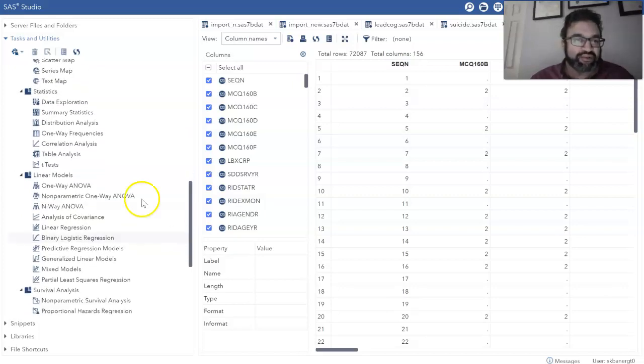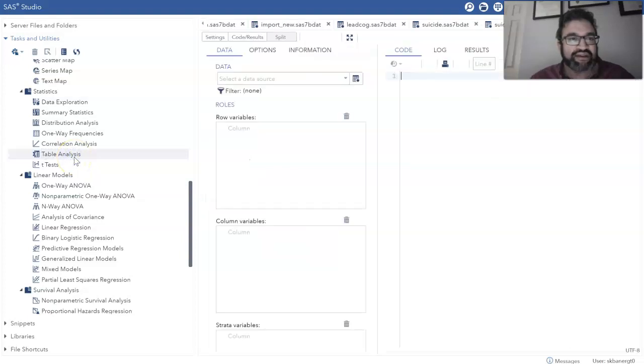And again, there are multiple statistical tests that you can look for, and try to think of the type of statistical test that's most relevant in this situation. So you can take a look and see if table analysis may be the one that we are interested in.